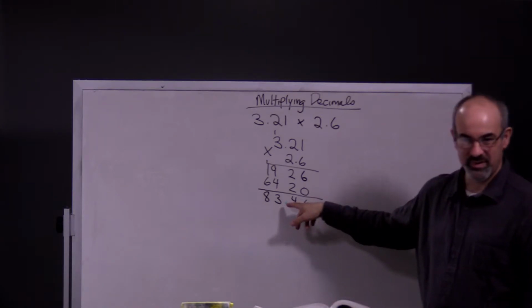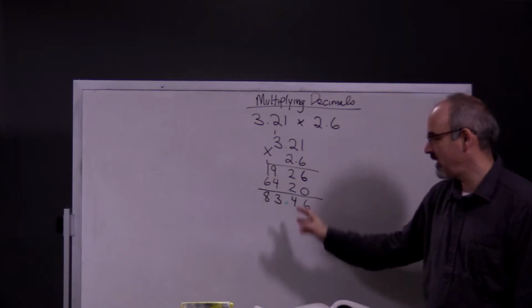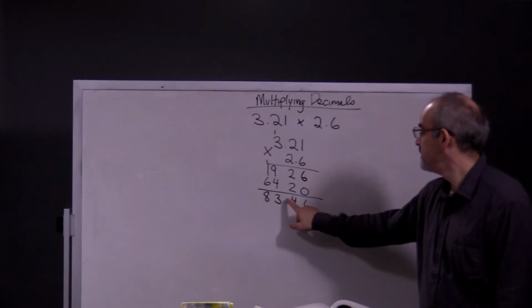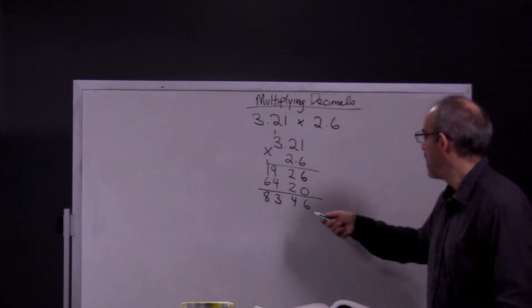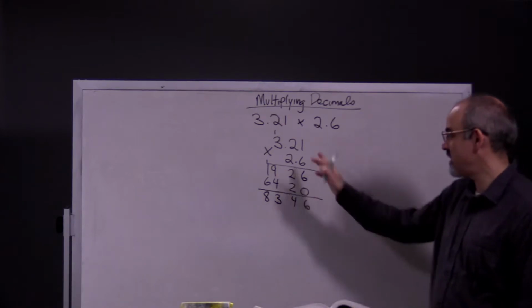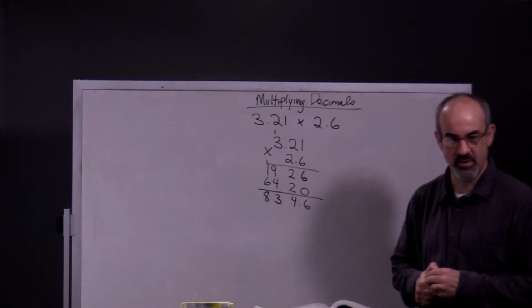So, does that make sense? 3 point something times 2 point something equals 83 point something? No. That decimal does not go there. What about that? That makes even less sense. 3 point something times 2 point something equals 834 point something?